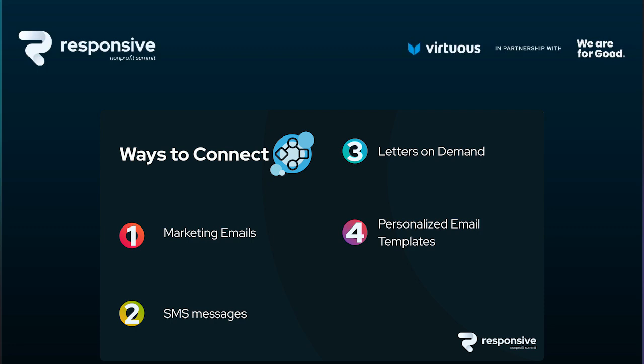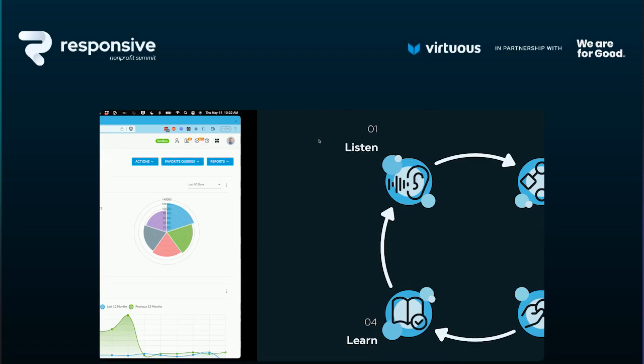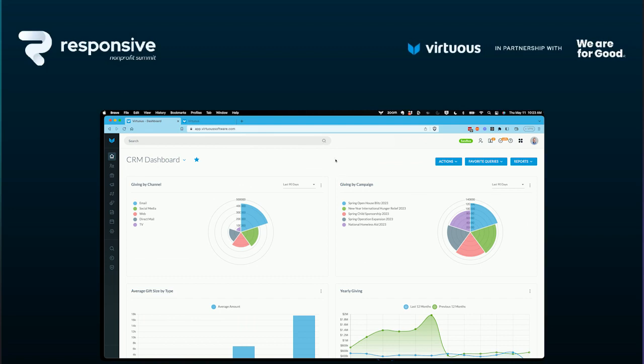And one of the tools that I think gets overlooked, but that's really powerful, is the personalized email template. And personalized email templates, that's what I want to look at here in Virtuous. So personalized email templates can be used in automation tasks, right? They can be used from a contact record.